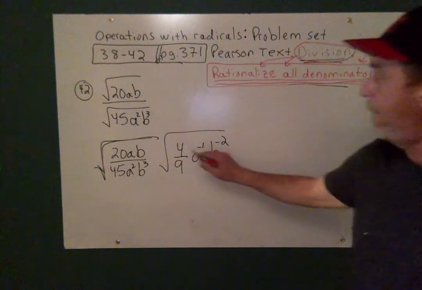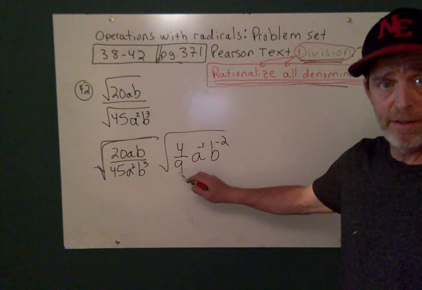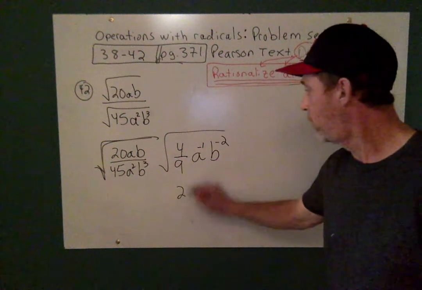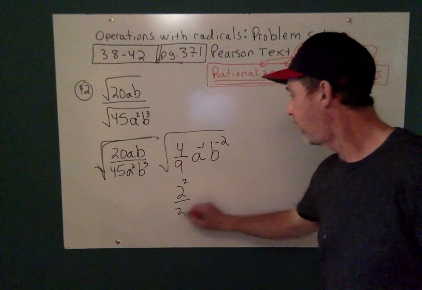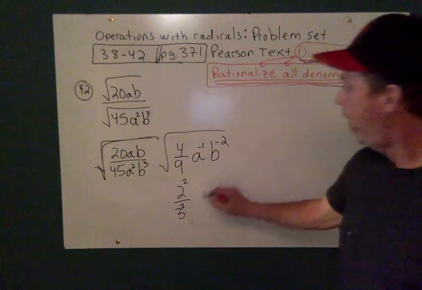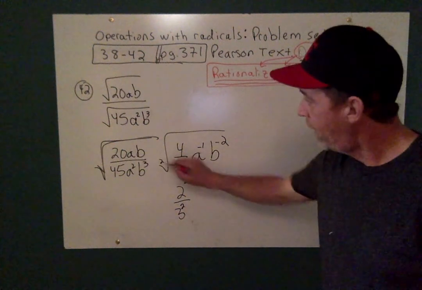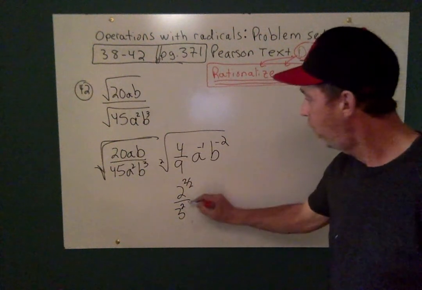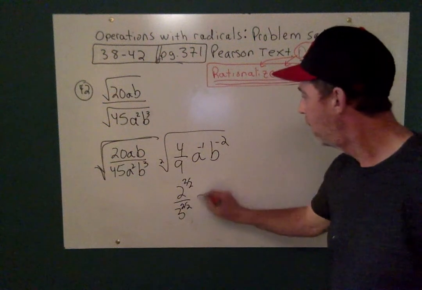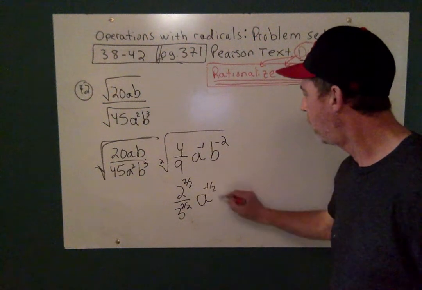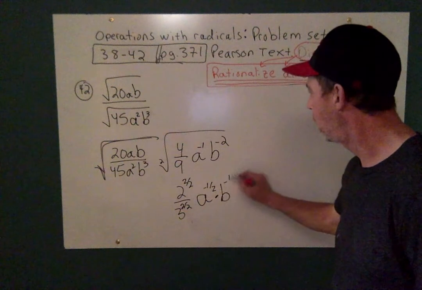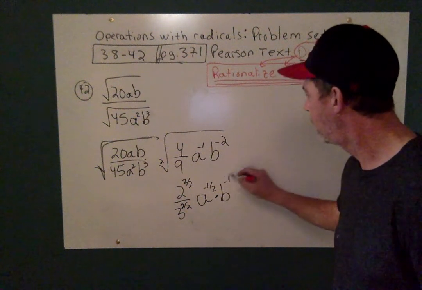This can be written as 2 to the second and 3 to the second, and then I'm going to put my denominator of 2 for all of them, 2 over 2, negative 1 over 2, negative 2 over 2.